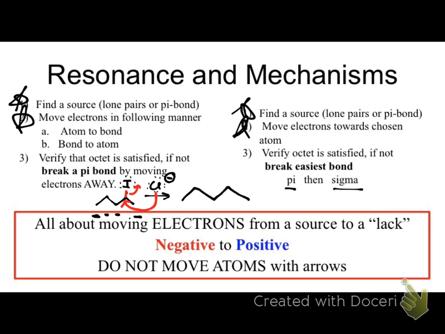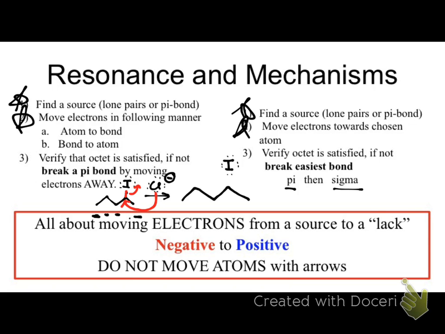What happened to the bond between the carbon and the iodine? Is it there anymore? No, I've broken it. If we want to get really careful, we can draw that iodine in roughly the exact same position, because officially, when we're showing our reactions, what we're trying to show is not the atom motion, but the electron motion.